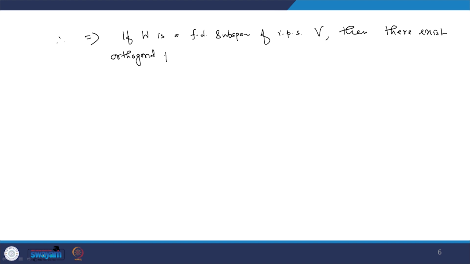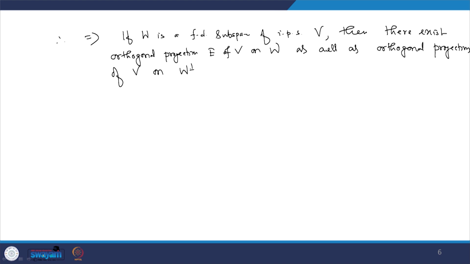So this implies if W is a finite dimensional subspace of inner product space V, then there exists an orthogonal projection E of V on W as well as an orthogonal projection of V on W complement, the orthogonal complement.